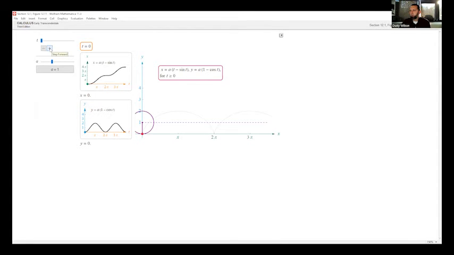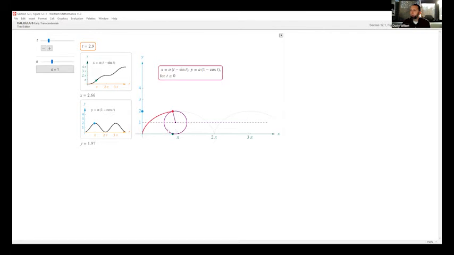Let me run the animation. It doesn't seem to want to let me just play it. That's a little frustrating. So if I rotate along, you'll notice that there's a fixed point on the circle.